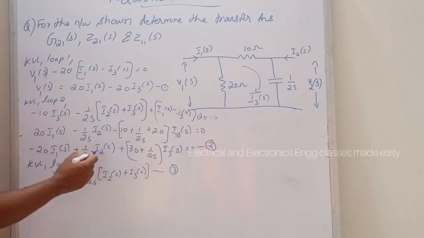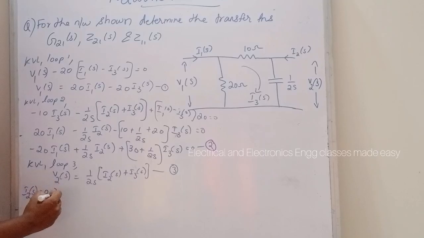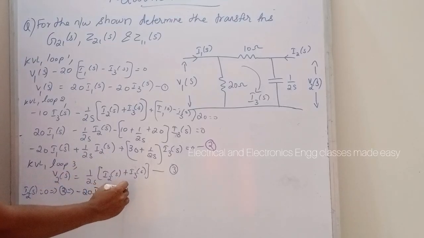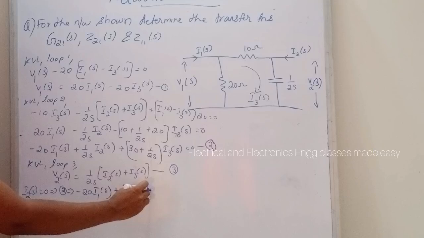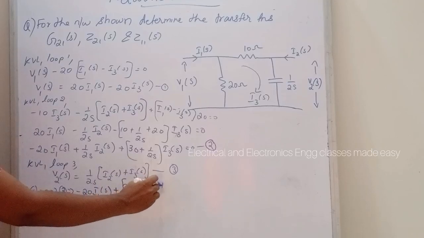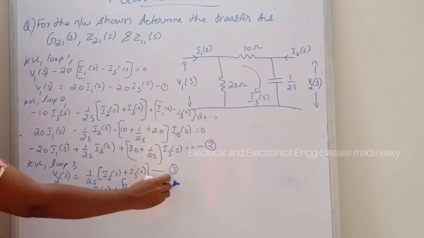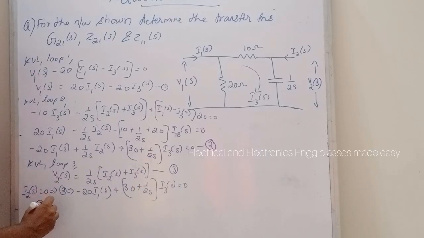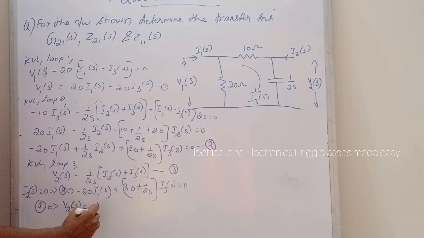So the second equation will be minus 20 I1(s) plus 30 plus 1 by 2s into I3(s) equal to 0, and equation 3 will be V2(s) is equal to 1 by 2s into I3(s).